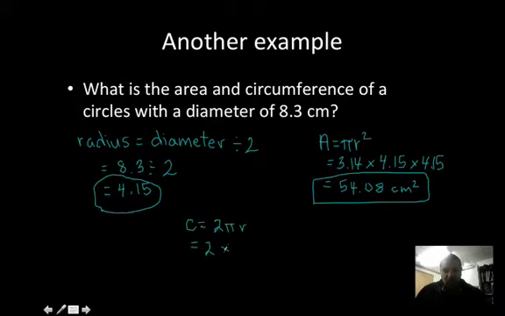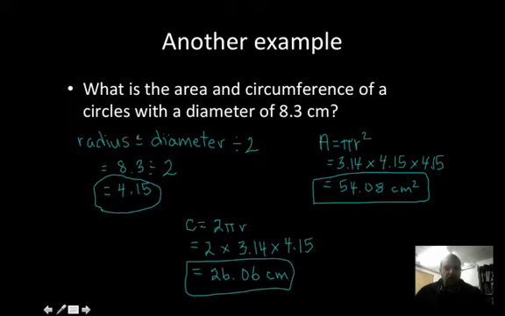Get 2 times 3.14 as our approximation for pi times our radius, which we figured out to be 4.15. Key it into the calculator and we come up with a circumference of 26.06 centimeters. So here we have our circumference.